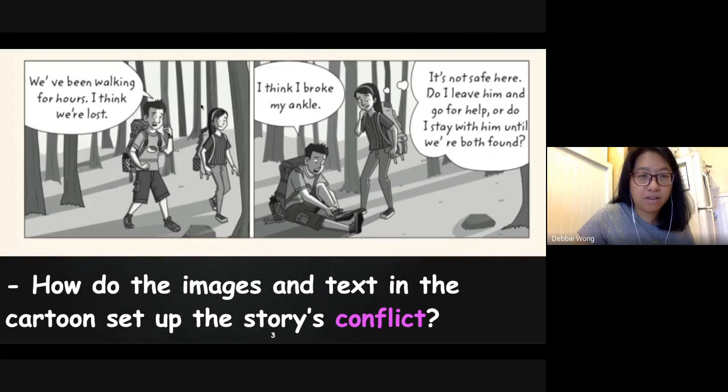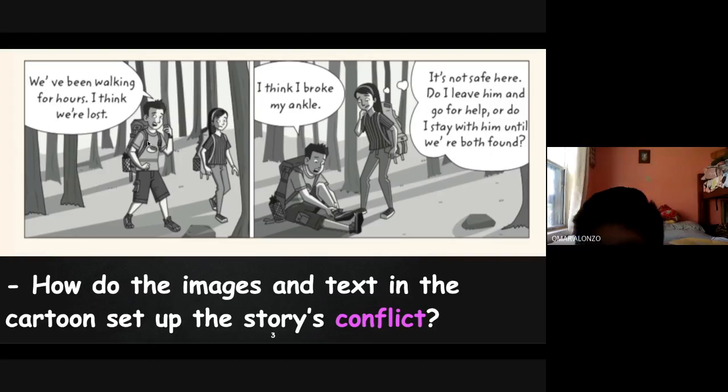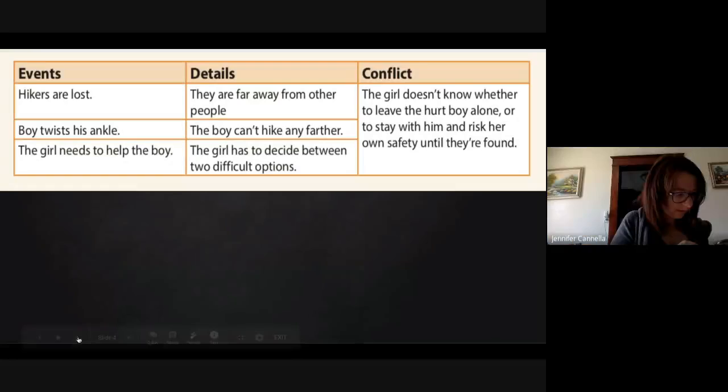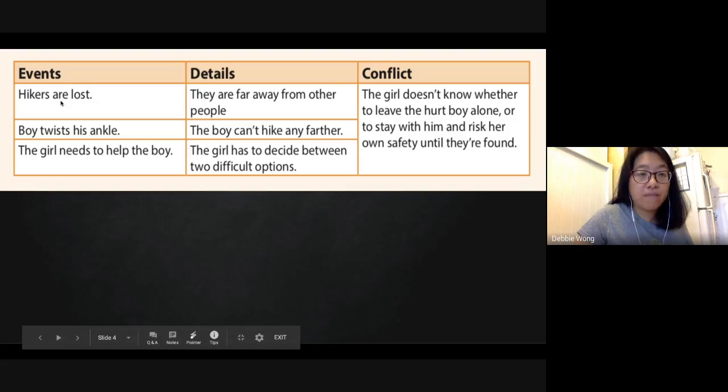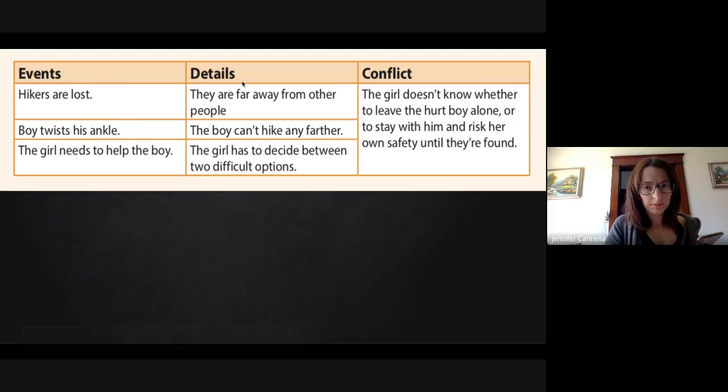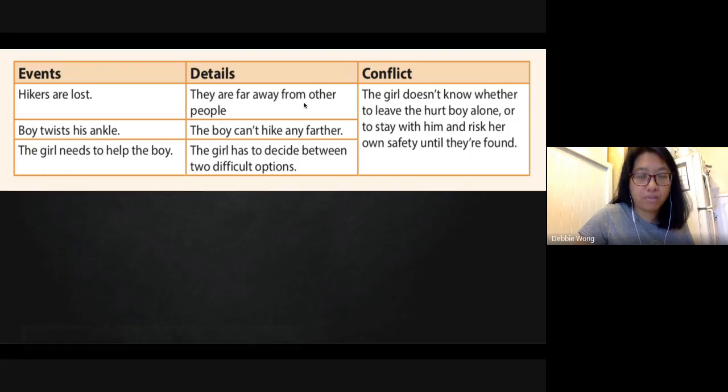This is the setting. They're in the woods. I can see that there's trees. There are two people hiking. So there are events that are taking place. The hikers are lost. How do I know that? The details. They're far away from other people.